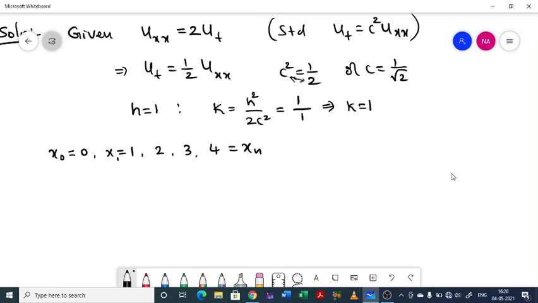Similarly t0, as I said, is 0, and up to t equal to 5, as stated, and k is 1. So t1 will be 1, t2 will be 2, t3 will be 3, t4 will be 4, and t5 will be 5. So we got this. Next, form the tabular table.